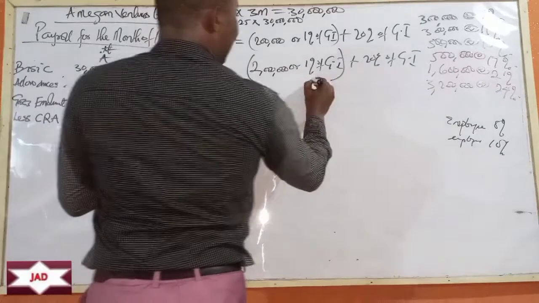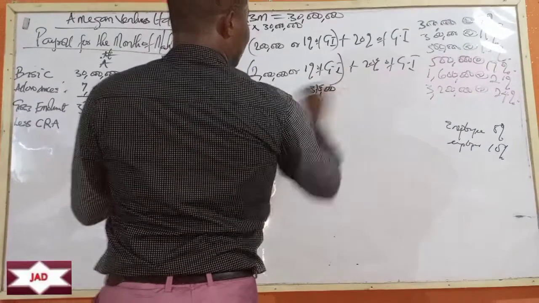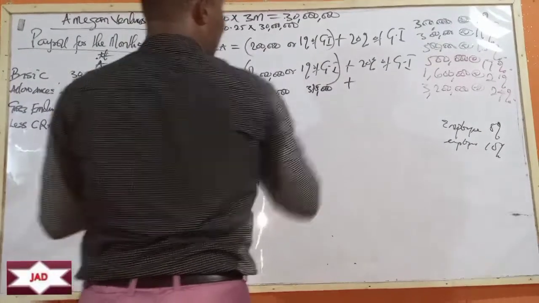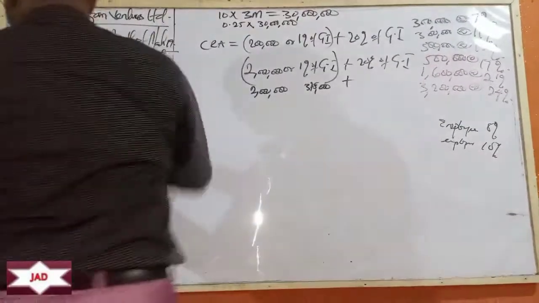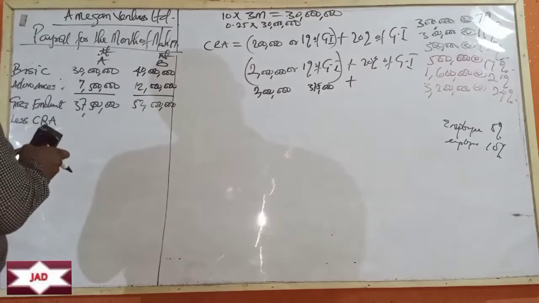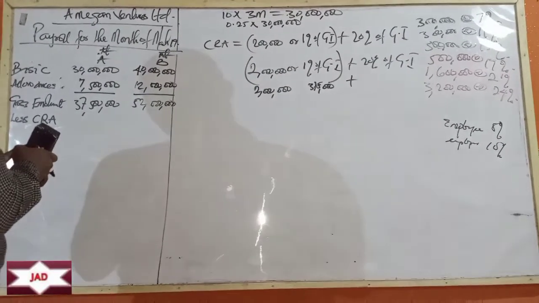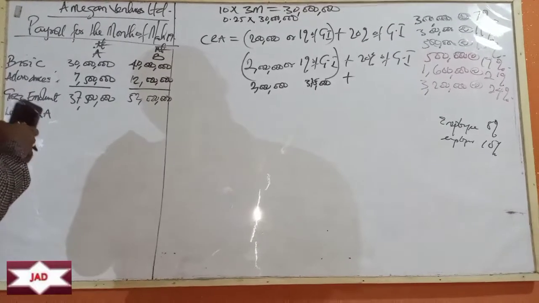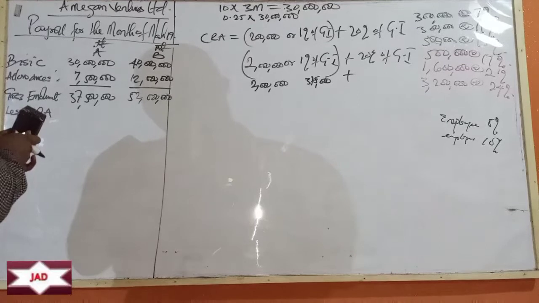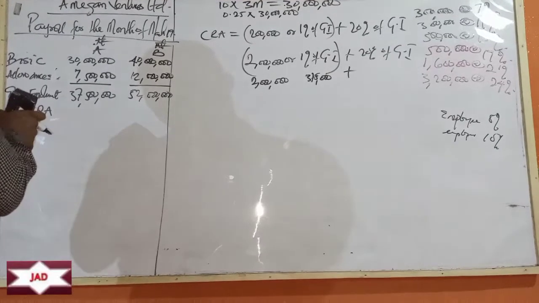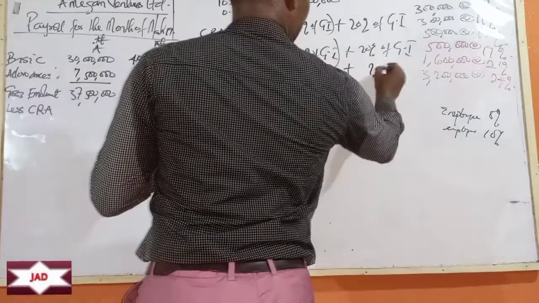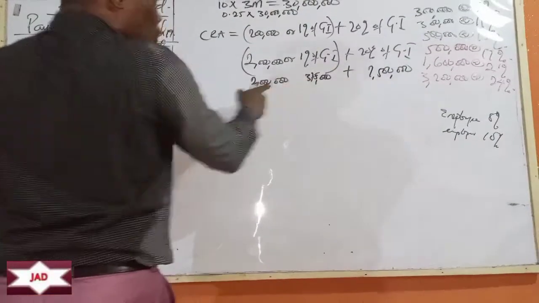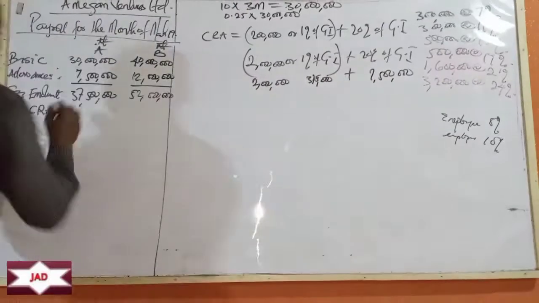So here we have 375,000, plus, you know here it's 2 million. 20% of this, what do I have? 7,500,000. So we pick 2 million since it's higher than this. So 2 million plus this, that will be 9,500,000.